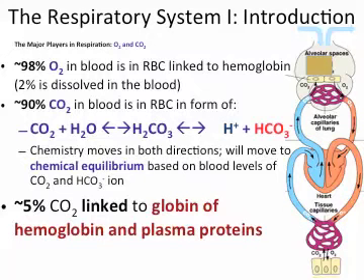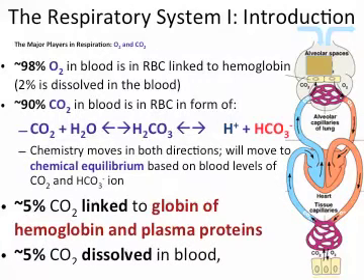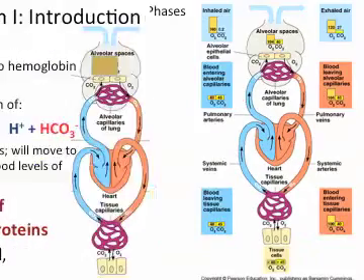About 5% of your carbon dioxide is linked to the protein called globin in your hemoglobin molecule, and also plasma proteins like albumin can also transport carbon dioxide. And then about 5% of the carbon dioxide travels dissolved in your blood. Remember, 2% of oxygen travels dissolved in your blood, about 5% of carbon dioxide does that.